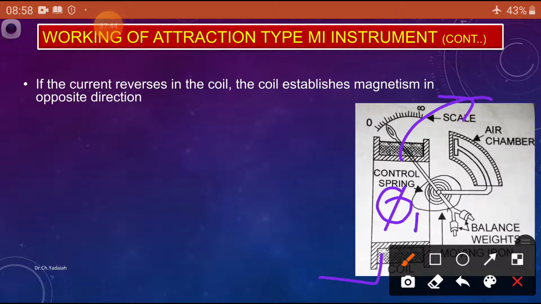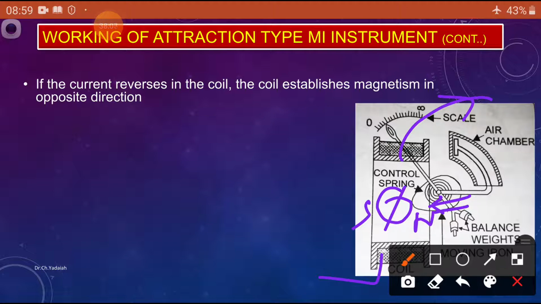For example, this is a north pole and this is a south pole. It is magnetized and tries to attract the iron piece, because iron is a ferromagnetic material. An iron piece is always attracted towards the magnet. So the north pole will try to attract the iron piece.